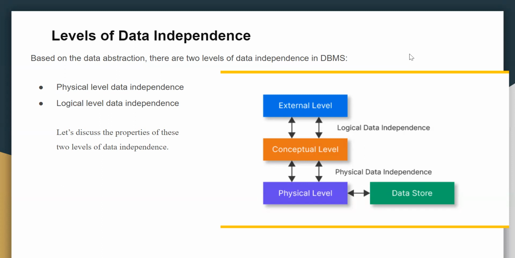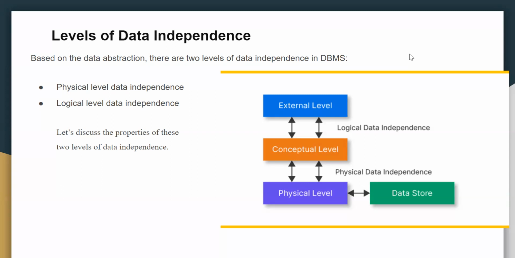Achieving physical data independence is much easier compared to logical data independence, which is more difficult. With physical data independence, changes made at the physical level need not be made at the application level.